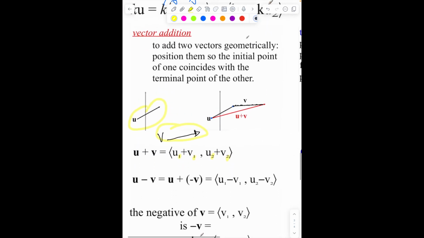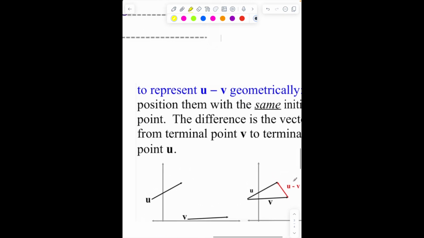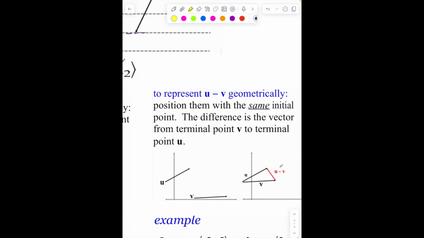Again, we've hinted at it over here where we have subtraction. So in this case, when I do it graphically with subtraction, I start with U and then I have V. I'm still going to start with U, but then I'm going to subtract V. I'm subtracting V, which means I start at the same point and then travel from there.